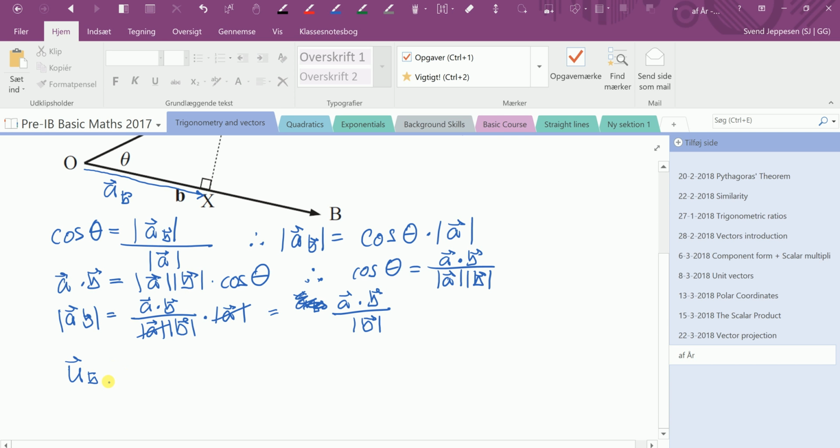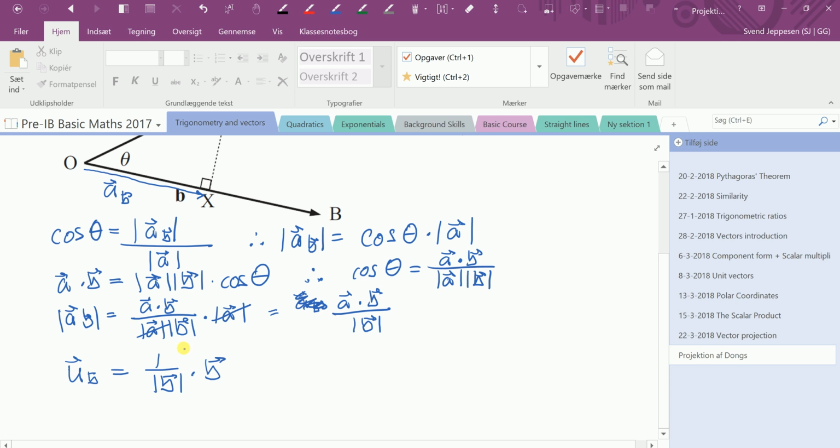It's the unit vector parallel to B. And recall that we can find a unit vector by saying the vector B divided by its own magnitude, or you could also say 1 divided by the magnitude B times B. We figured this out some lessons ago, that we can divide it by its own magnitude to find a unit vector. So if we use this here, this would be the unit vector that we need to scale by this here scalar.